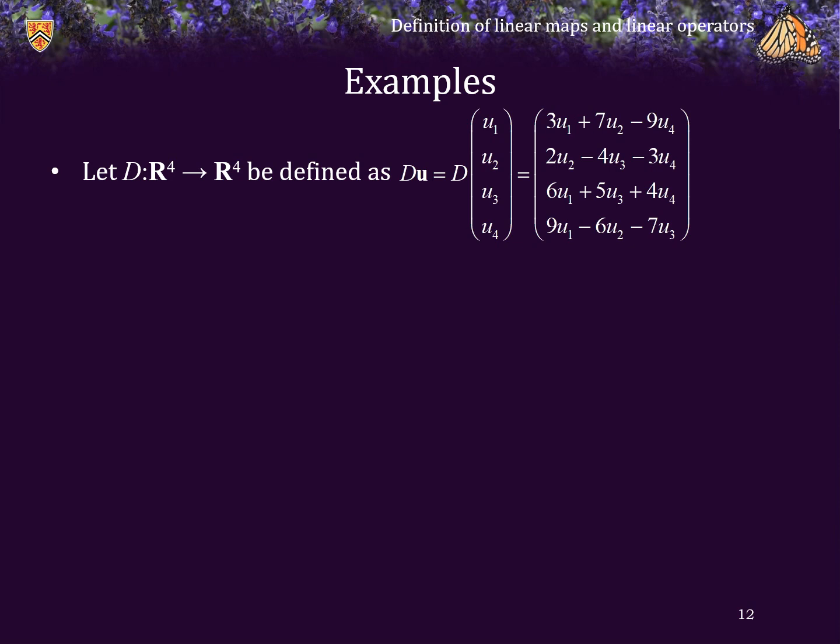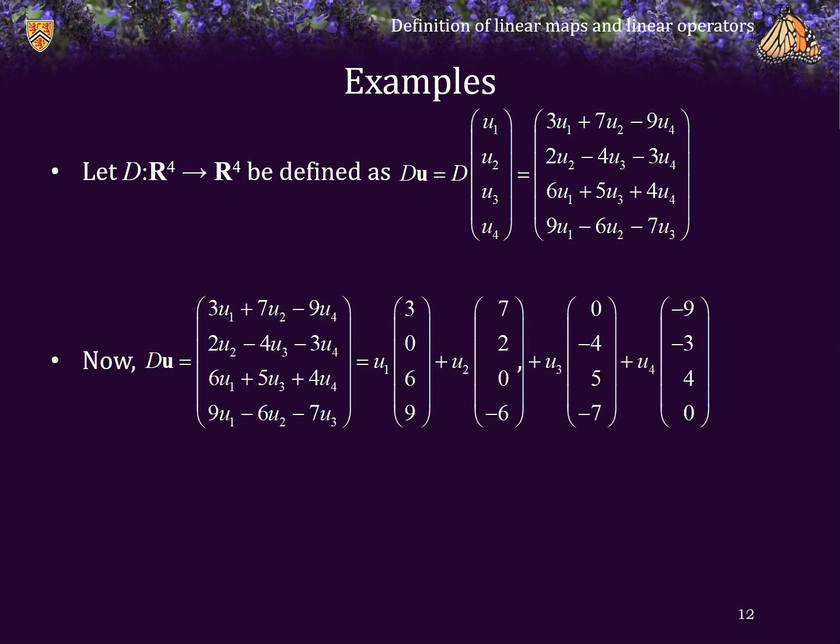Now, let D be the mapping from R4 to R4 defined as the following mapping. Once again, we see that D can be rewritten as a linear combination of 4 vectors in R4, where the entries of u, the vector that we're mapping, become the coefficients of those 4 vectors.